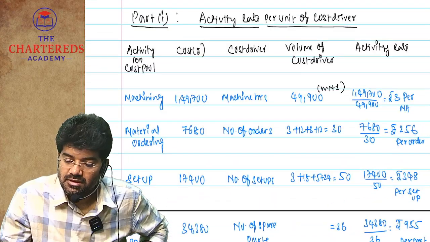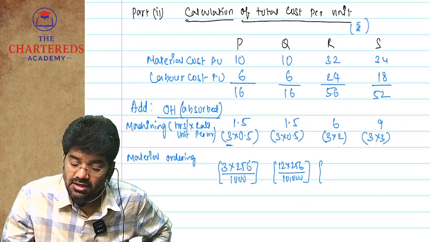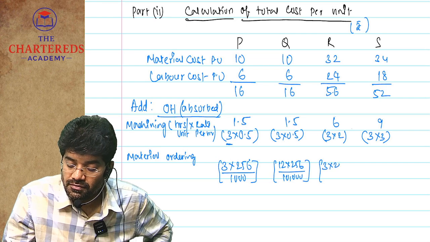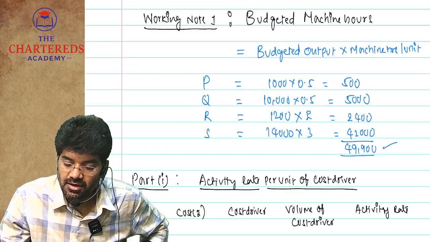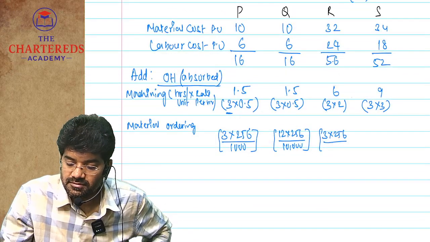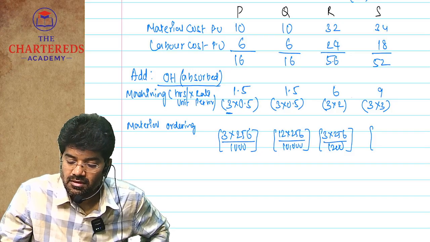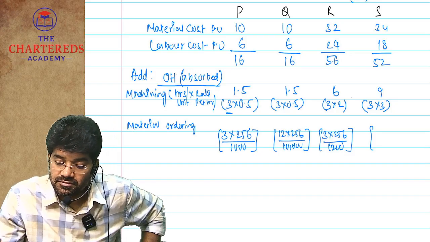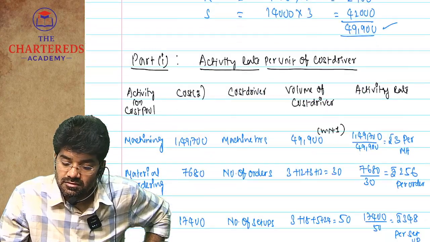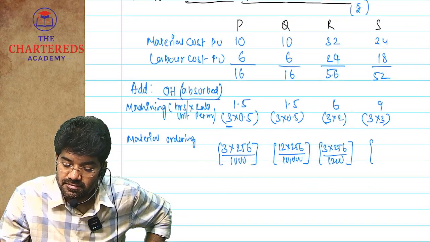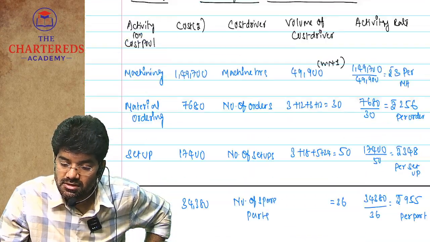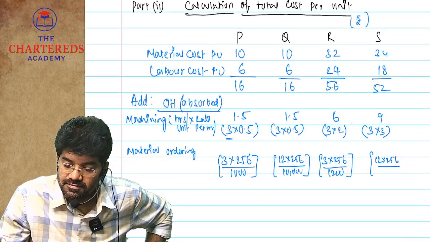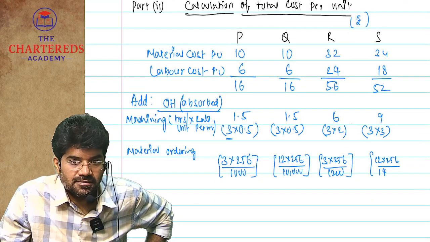Next, for this it is 3 only. 3 into 256 divided by the target output, that was for how many units? 1,200 units. Next, 12 into 256 divided by the output is 14,000.